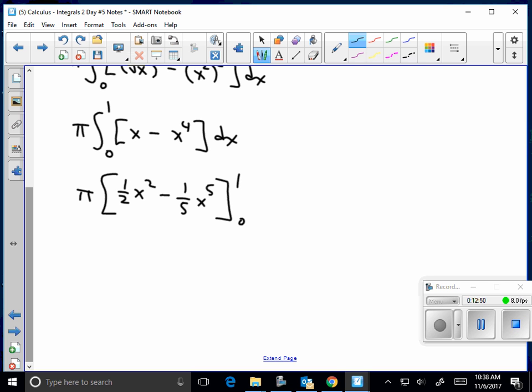Okay, let's do some math, right? Let's take pi. What's going to happen if I plug 0 in for those? I'm going to get 0. So if I take 1/2 of 1 squared minus 1/5 of 1 squared, and then I subtract 0 from that.